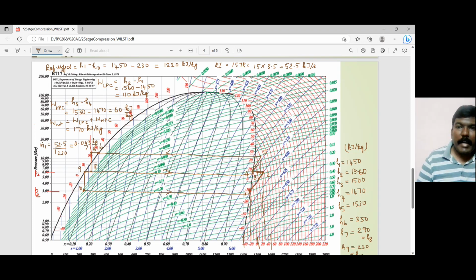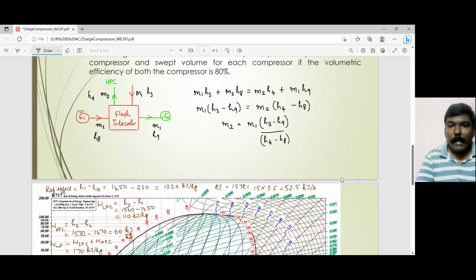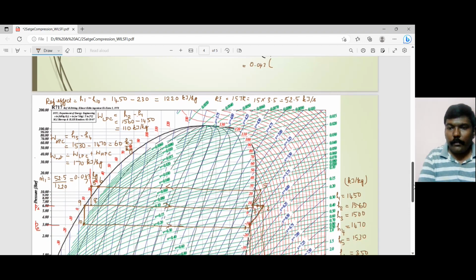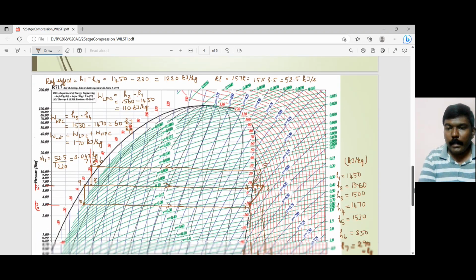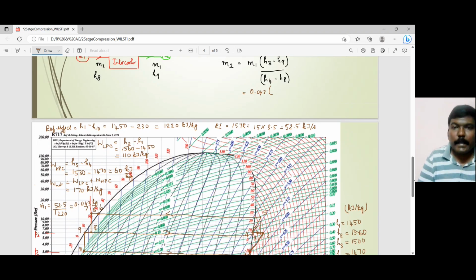And you can write the energy balance just like we wrote in the previous slide. So M2 is this guy. M1 dot, we found as 0.043, and H3 minus H9, 1500 minus 230, divided by H4, which is 1470, minus H8.